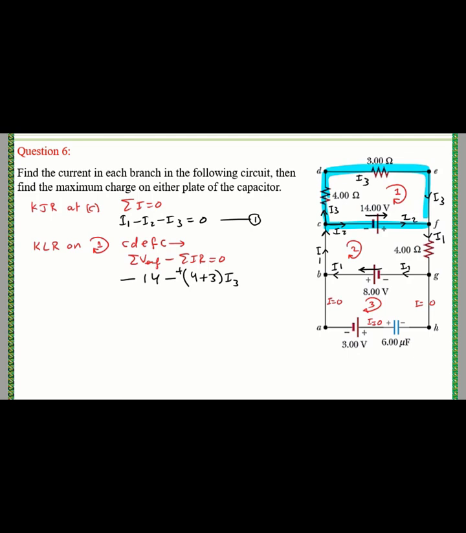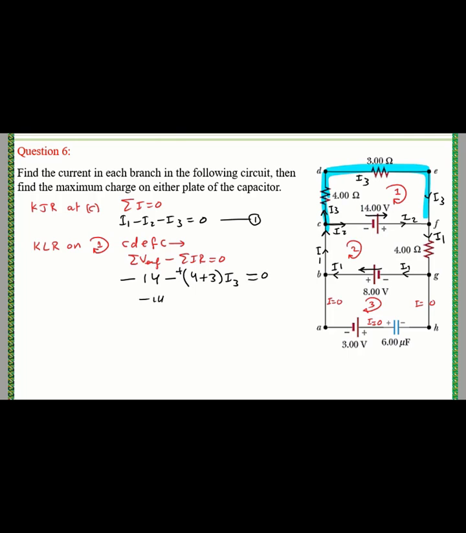So here we have bracket, negative I2 with no resistance, so don't mention it. We don't need it, since there's no resistance in the branch F. All of this is equal to 0.